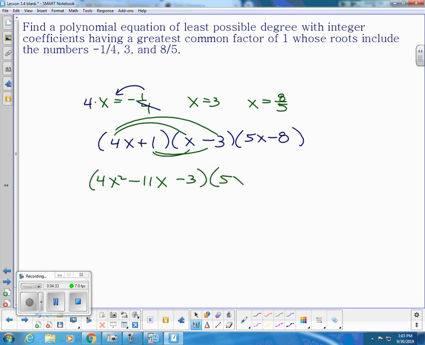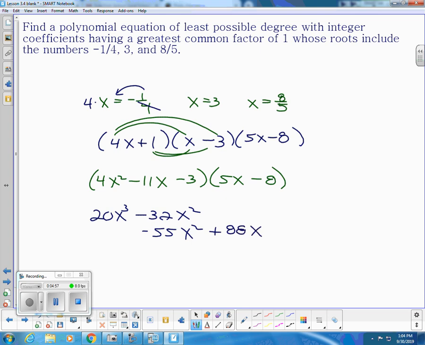And then we're going to multiply this to 5x minus 8. Same thing. We're going to distribute. So he's done. Our next guy is an 11, so it's going to be negative 55x squared plus 88x.